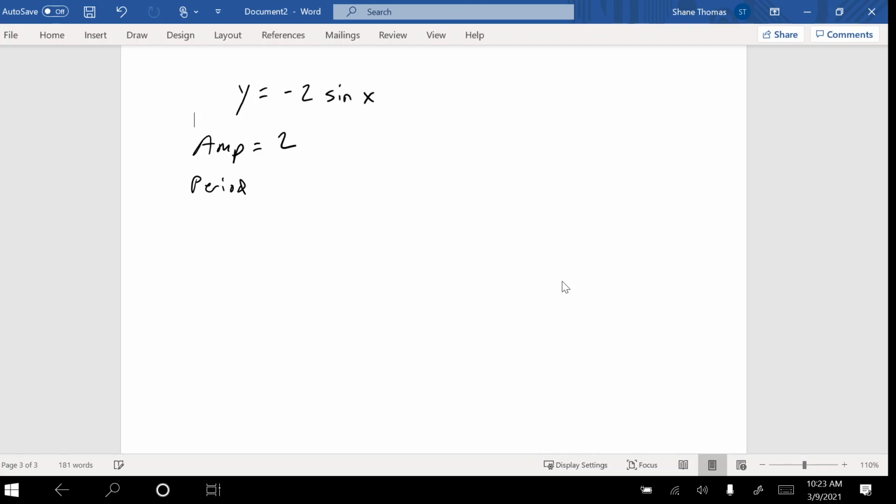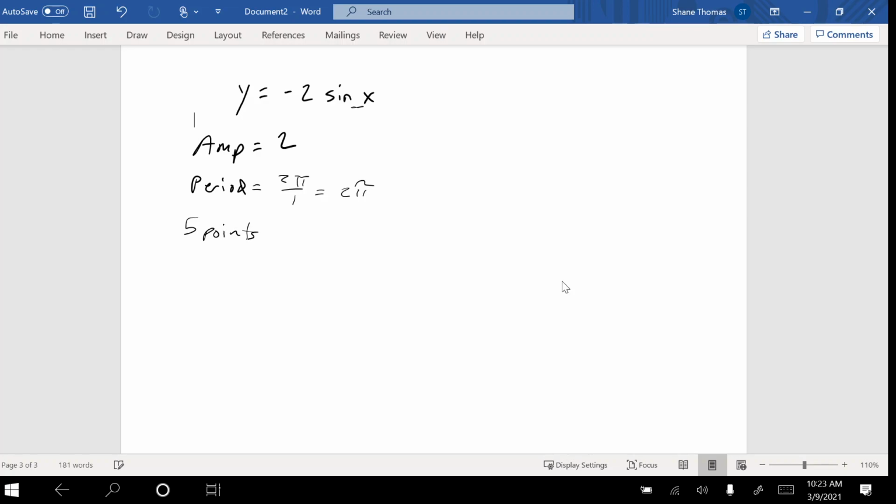Period. We're going to take the period, which is 2 pi, divided by the number that's with my x. So what number's with my x? 1. So it's just 2 pi. It would be this number right here. Okay? So my period's 2 pi. Good there. 5 points.